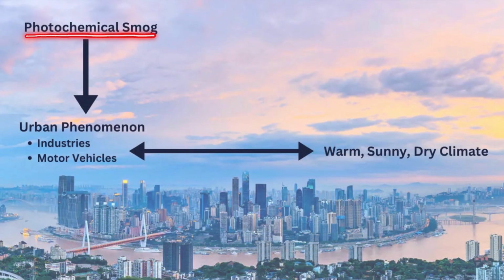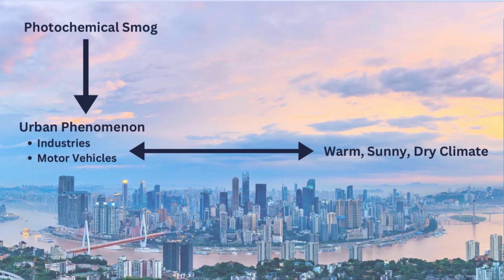Photochemical smog is an urban phenomenon. It means it occurs in large cities, and not in rural areas. The urban population is characterized by two things: number one is industries and number two is vehicles.